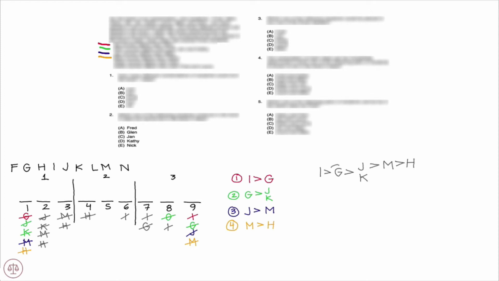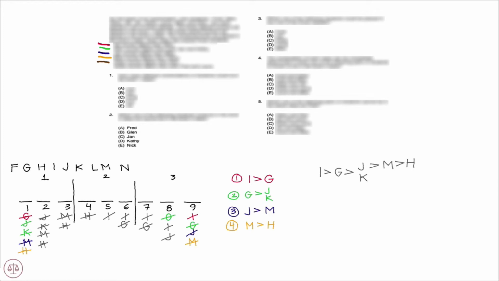Likewise, now I has 1, 2, 3, 4, 5 people scoring lower than him, so that means that I cannot be fifth. G now has 1, 2, 3, 4 people that he's scoring higher than, meaning G cannot be sixth. And we see that J now has 1, 2 people scoring lower than him, so that means that J cannot be 9th or 8th. All right, on to rule number 5.